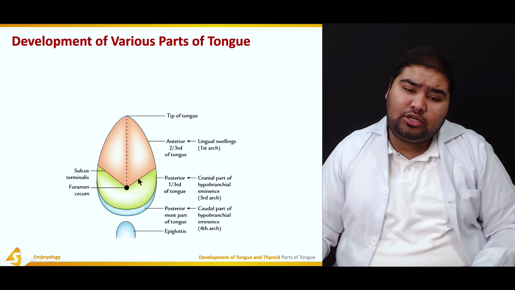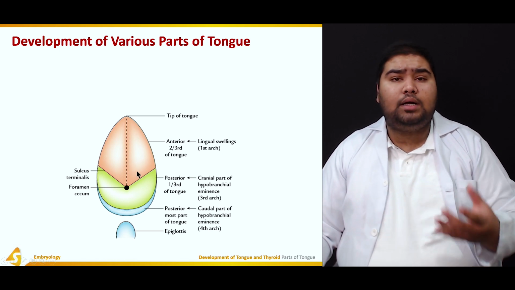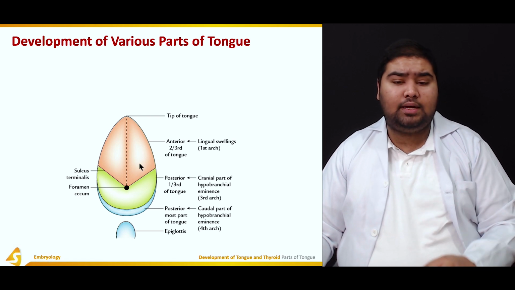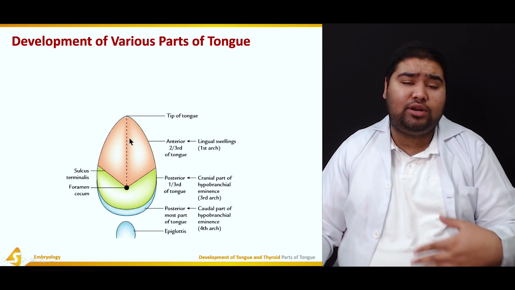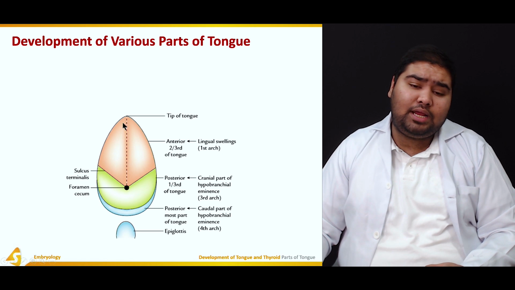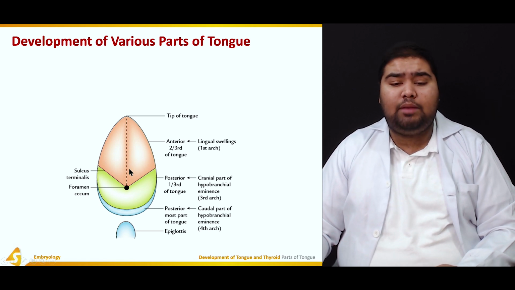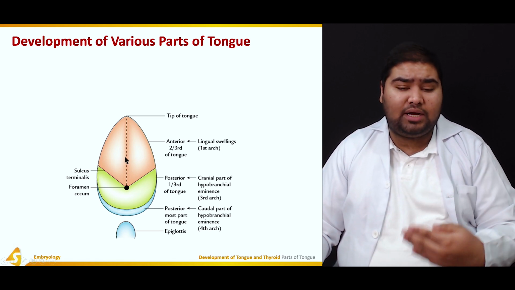This is the anterior 2/3 of the tongue. The anterior 2/3 are formed by the lingual swellings. These are in orange. The lingual swellings were represented in orange in the slide before as well. They fuse in the midline, in the median plane, and help in the formation of the anterior 2/3 of the tongue, which are actually the oral parts of the tongue.